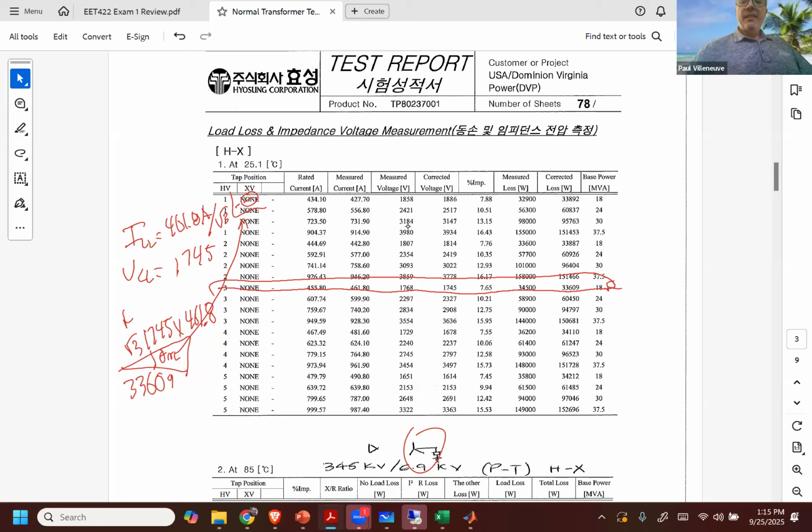And then Z load loss is going to be equal to V load loss at an angle of 0 divided by I load loss at an angle of negative theta load loss. And that's equal to R_E plus jX.